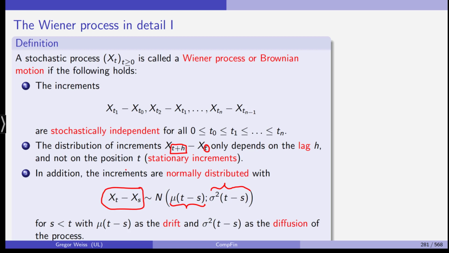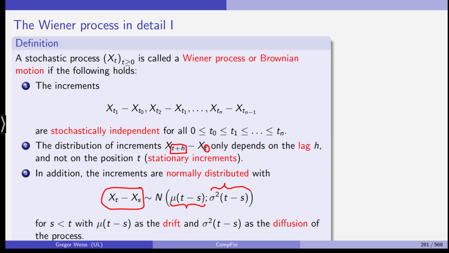So increments are stochastically independent. The increments, the changes, are stationary, and they are normally distributed with the expectation and variance depending only on this lag t minus s.